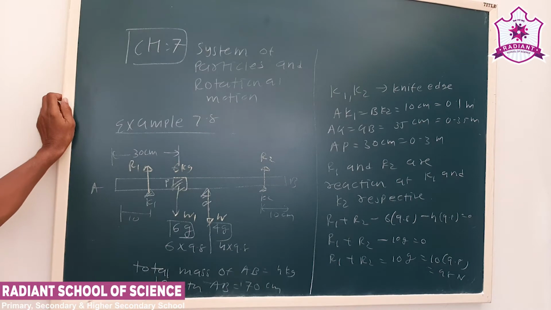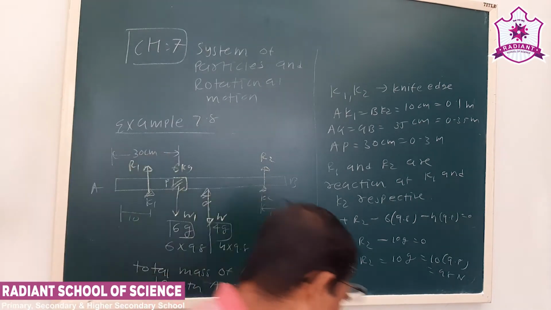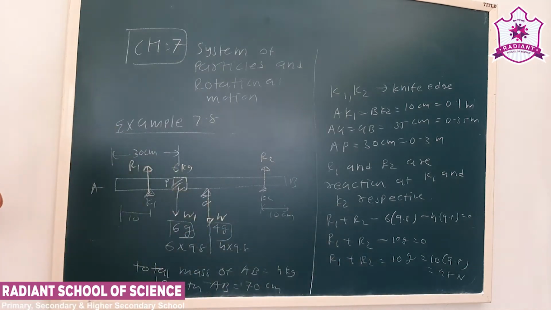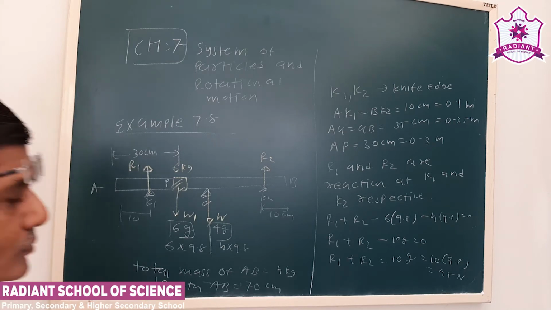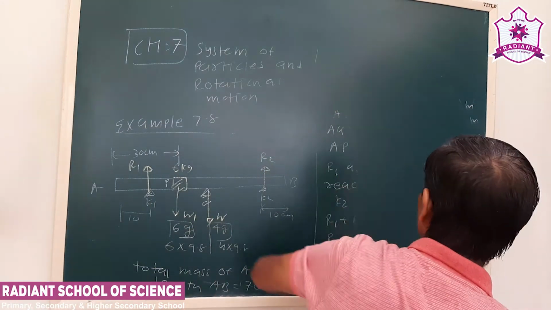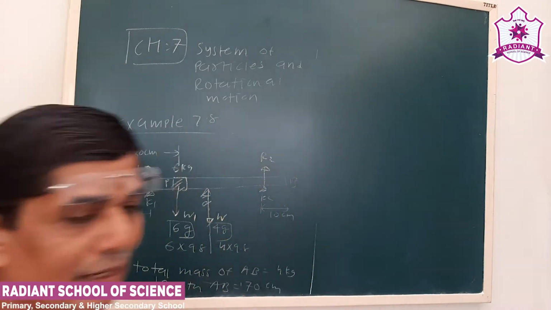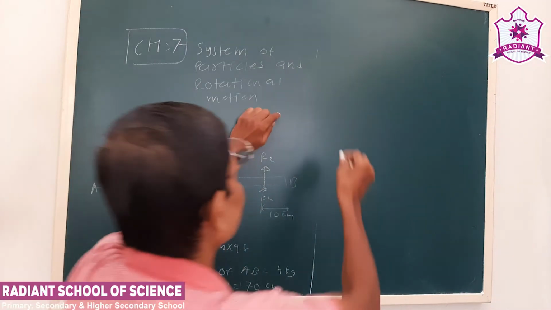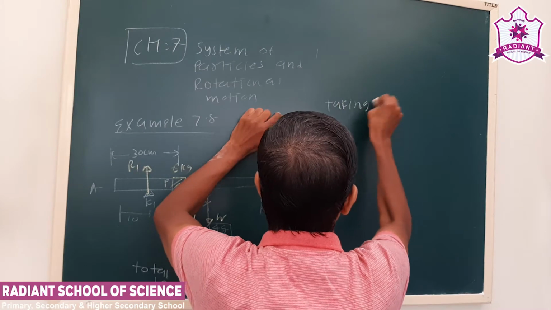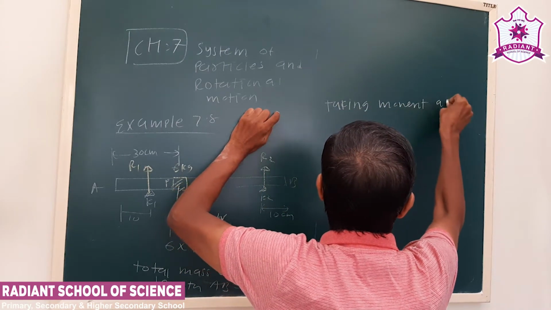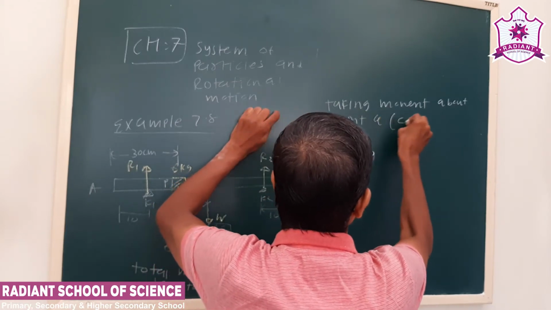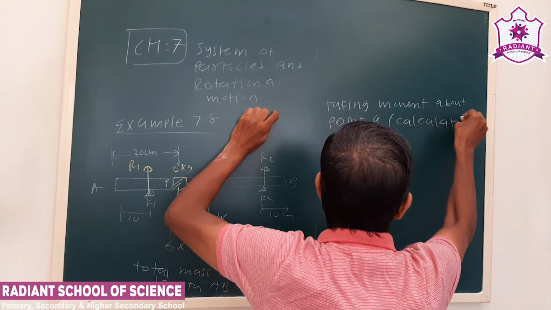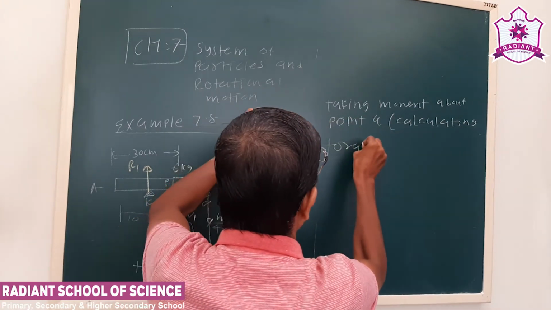Now we have to consider the rotational equilibrium. In that case we have to calculate torque about point G. In the language of physics we say taking moment about point G, that is calculating torque.